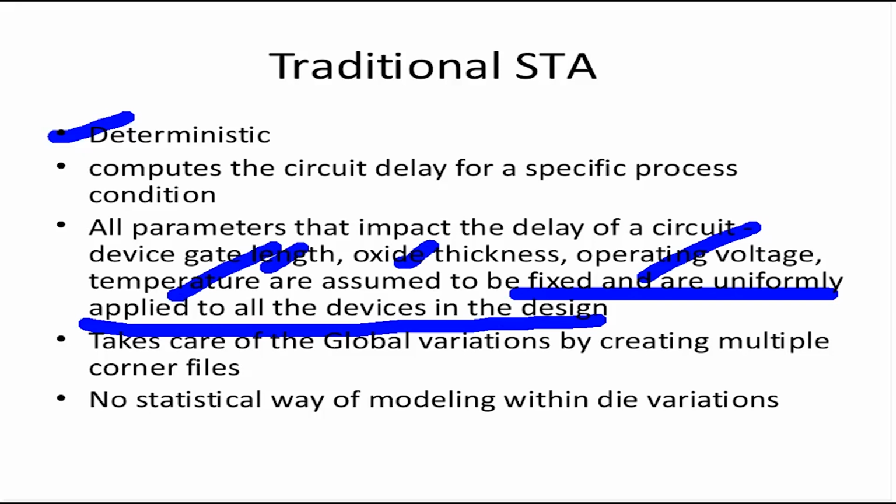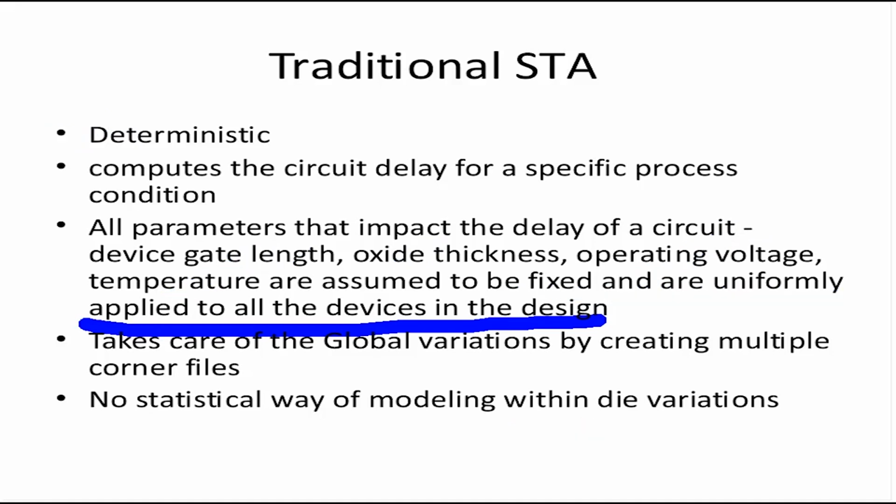There is a way, OCV is a way, but OCV is not statistical in nature. OCV is deterministic in nature. OCV assigns fixed guard bands which tell us whether the timing is met or violated. It is not a statistical way of modeling.